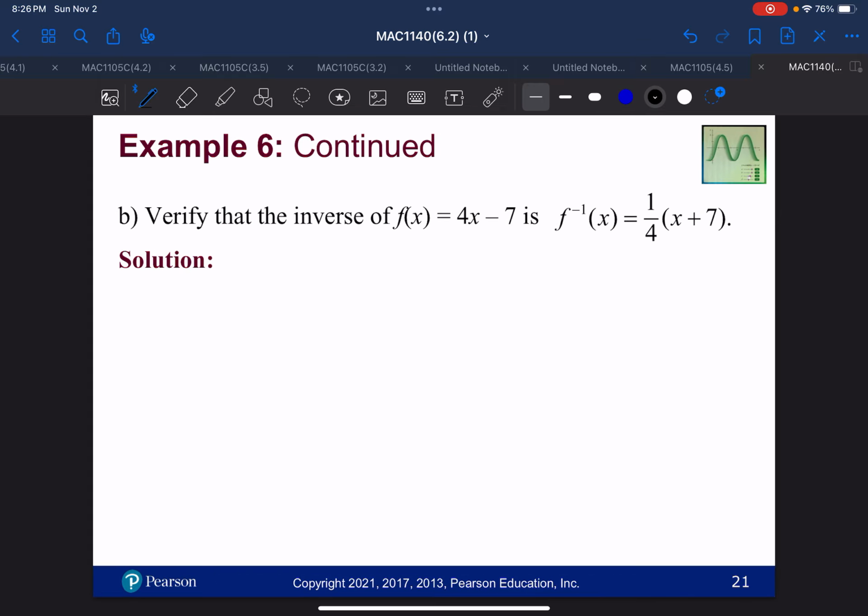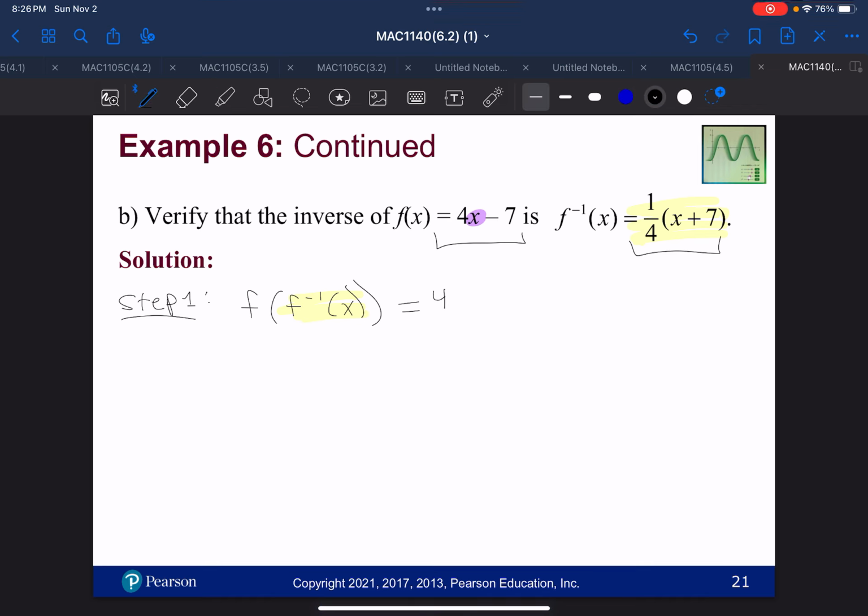Another example wants us to verify that these two functions are inverses of each other. So again, we will find f of f inverse of x. And so we will plug in the inverse function into the original f of x everywhere we see an x.